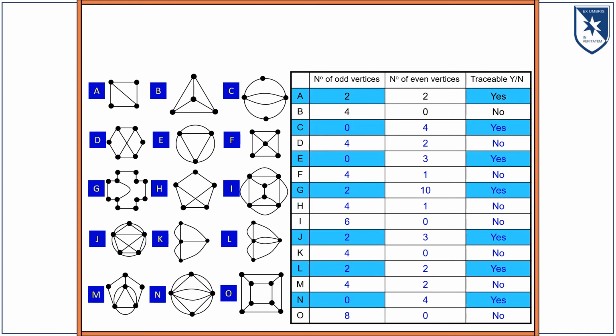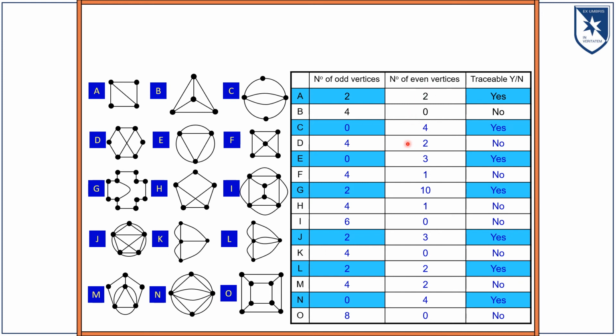Okay, so we can now see that all of the networks that are traceable have been highlighted in the table. Notice that the only values that are highlighted are in the odd vertices column and the traceable column, because we're interested in all the ones that are traceable.